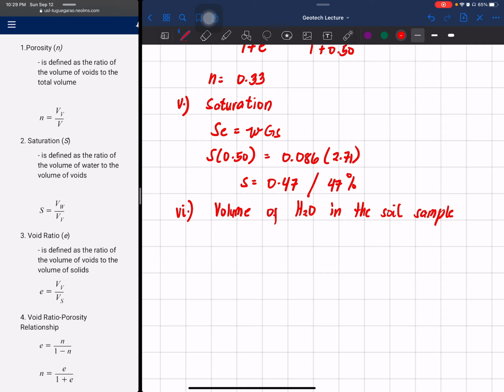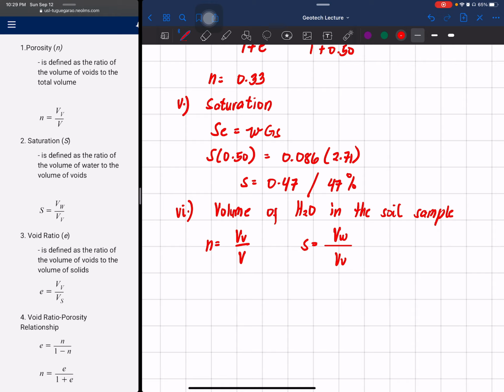We get the volume of voids from the porosity. So I'm going to write it here: n is equal to volume of voids over the volume of soil, and your saturation is equal to volume of water over the volume of voids.